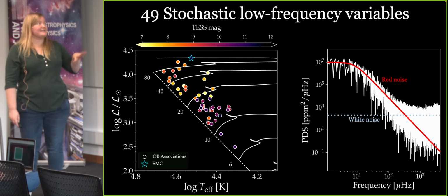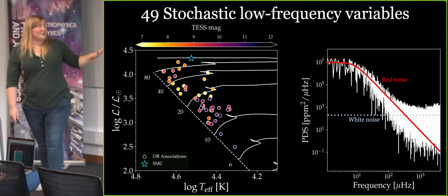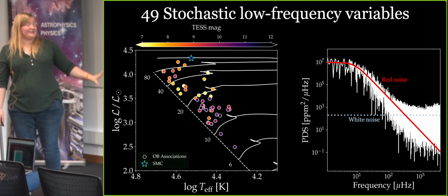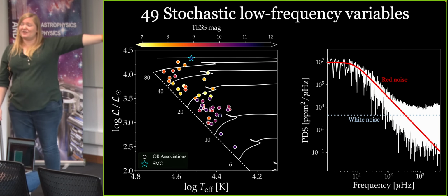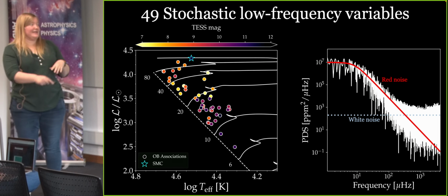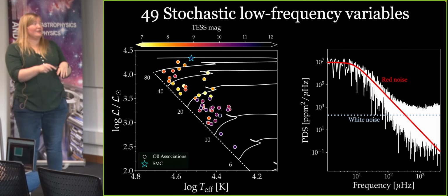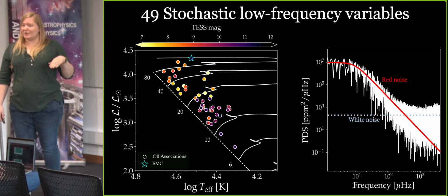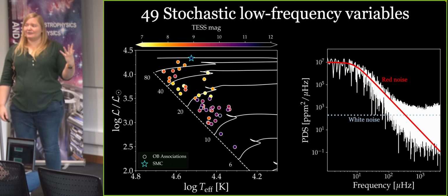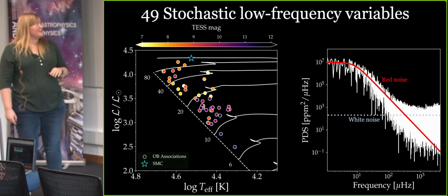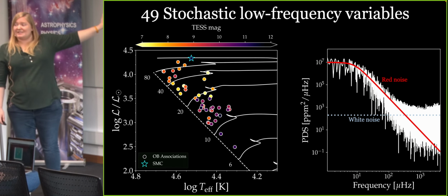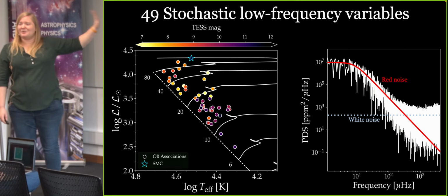And these are the stochastic low-frequency variables, where what you're seeing in the power density spectrum of the light curves of these stars is an increase in power as we go towards lower frequencies. So it's kind of a red noise signal that we're seeing for these stars. And out of all the stars we considered, where this was the dominant signal, we have about 49 such stars.